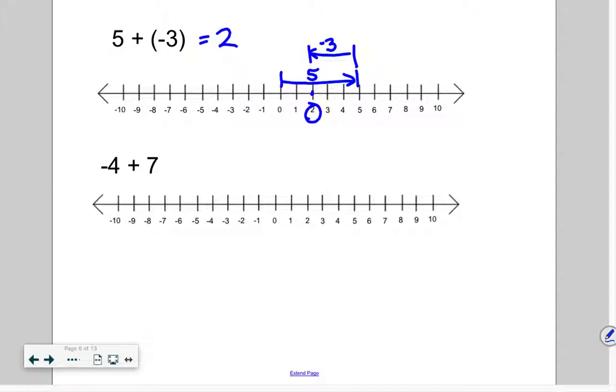Negative 4 plus 7. Where are we going to start? And go to negative 4. Then it says we're adding 7 positives. So now what are we going to do?